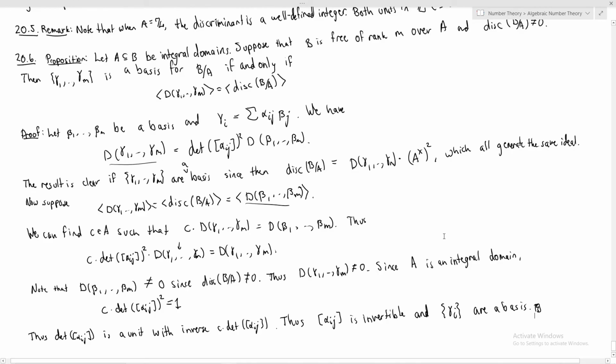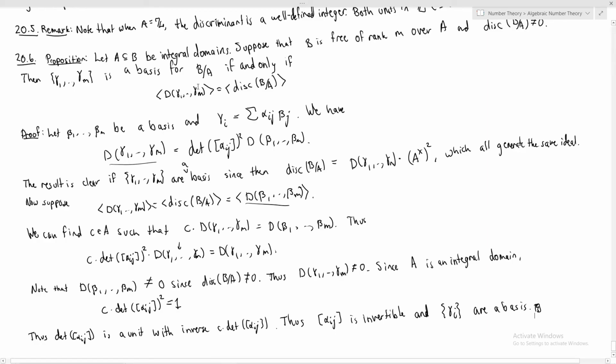Okay, so how do we summarize what just happened, and what's the takeaway here? So the first thing I want to observe is, one direction was pretty easy just based on the definition of the discriminant. It's a little confusing, but if you're careful then it makes sense.